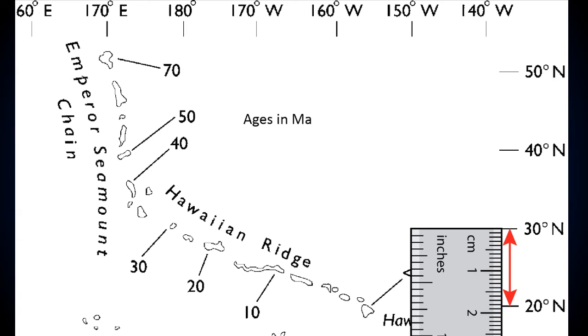From this, I can say that the map distance of 18.5 millimeters is equal to 10 degrees of latitude in real-world distance. Now all I need to do is formulate the ratio to use for each of my measurements. Your measurement may be different or may be the same as my measurement.